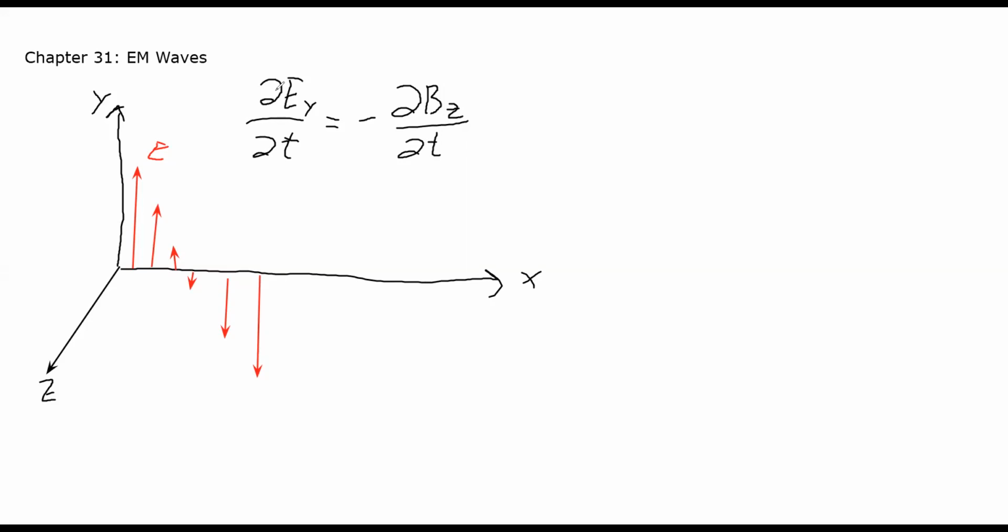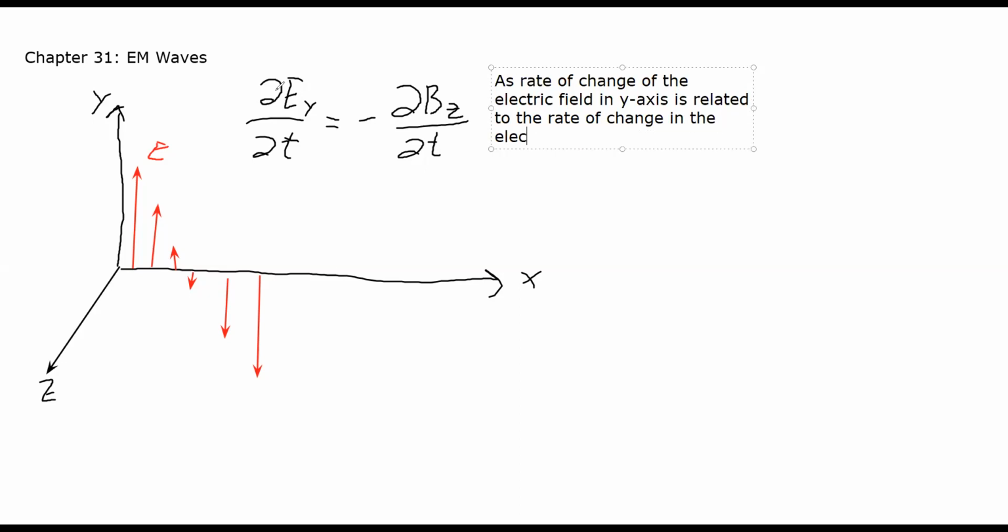What this tells us is the rate of change of the electric field in the y-axis is related to the rate of change of the magnetic field in the z-axis.